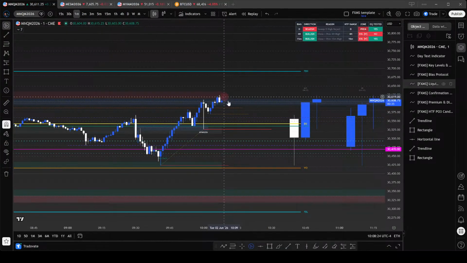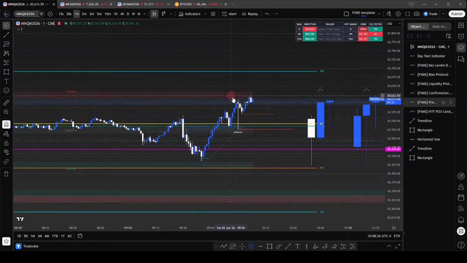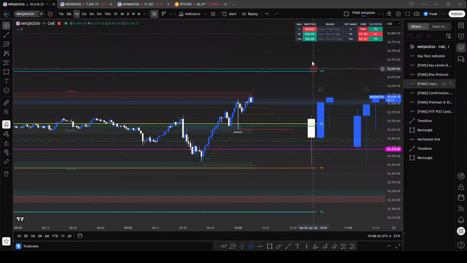For that to happen, I would need to see price come back through the day open and previous week high level, because then we engulf this previous candle and get a bearish CRT on the 15-minute.